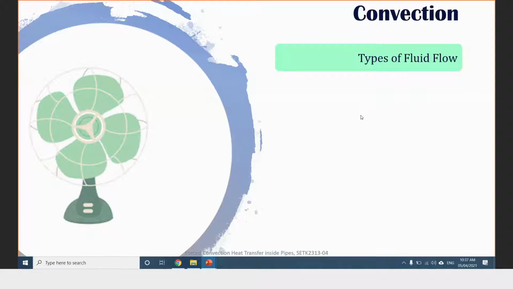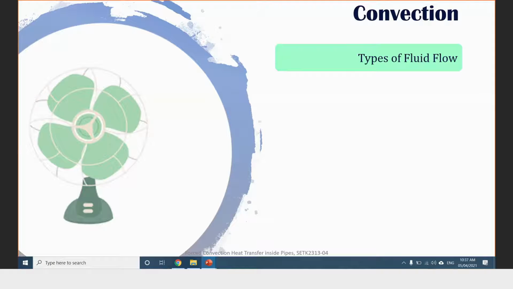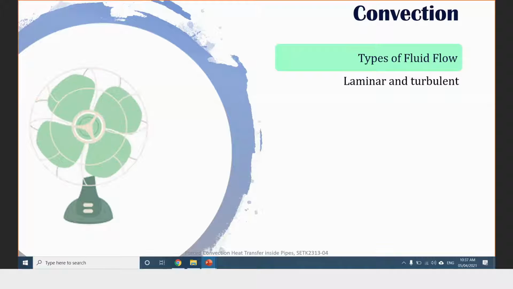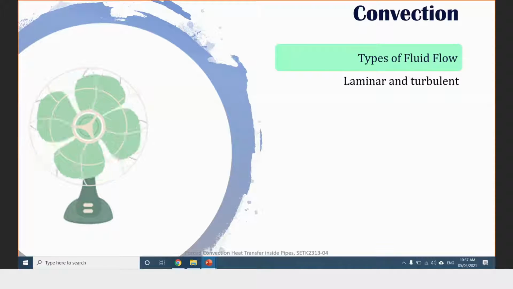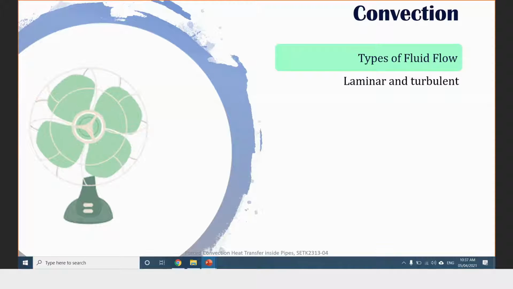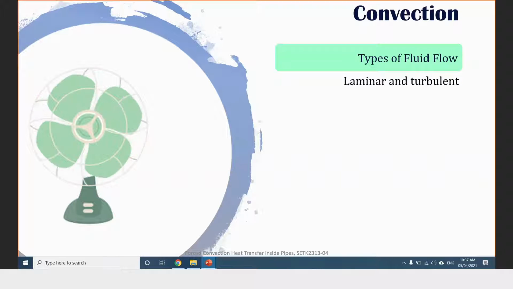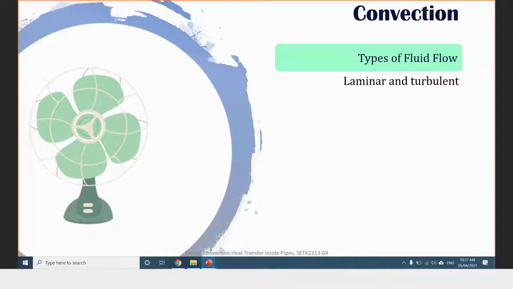In fluid flow, there are mainly two different types of fluid flow, which are laminar flow and turbulent flow. We characterize laminar flow by a smooth flow with not a lot of disturbances. While for turbulent flow, we have a lot of eddies or currents.